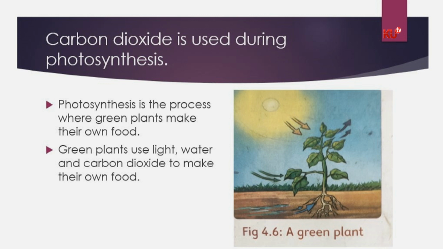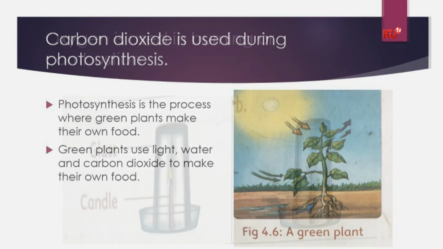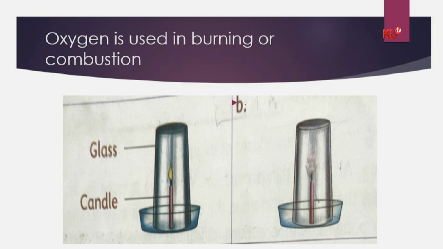The third use of oxygen is that oxygen is used during germination. And in germination, it simply means, what do we usually do when we go out in the farm?